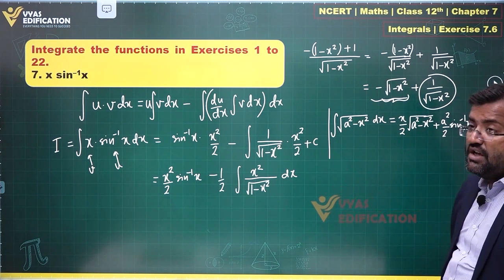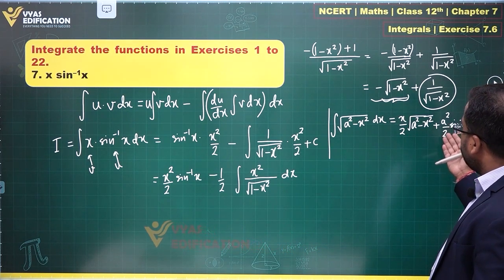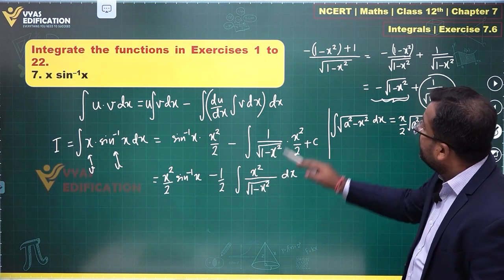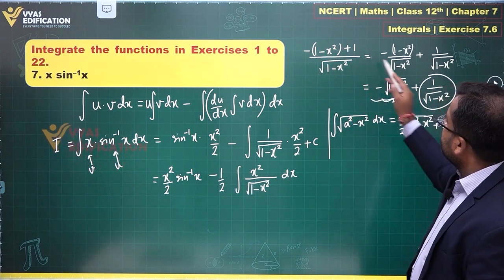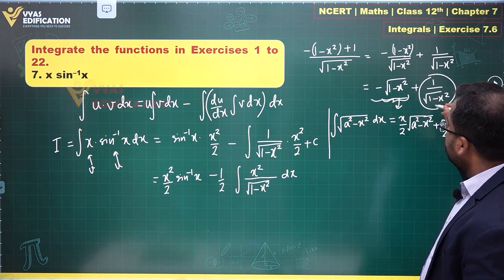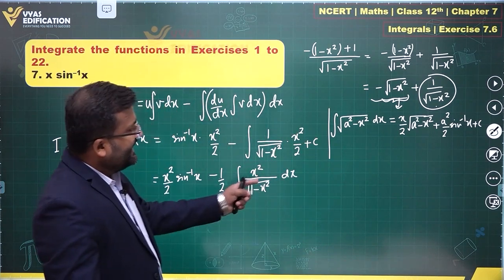So the integral of under root of a square minus x square dx is x by 2 under root of a square minus x square plus a square by 2 sine inverse x plus c. And this expression is equal to this plus this. This can be integrated, and this plus this is sine inverse x directly, right? That's the approach that you can follow and get the answer.